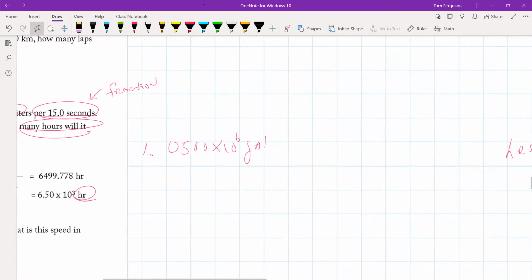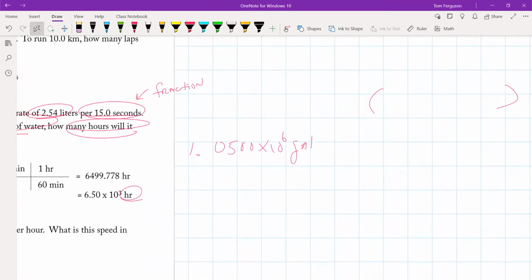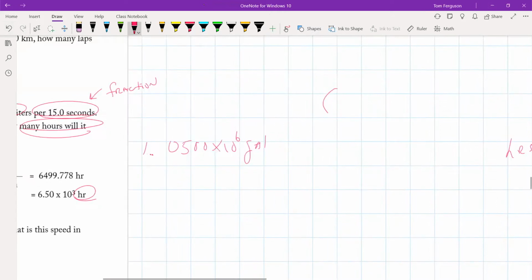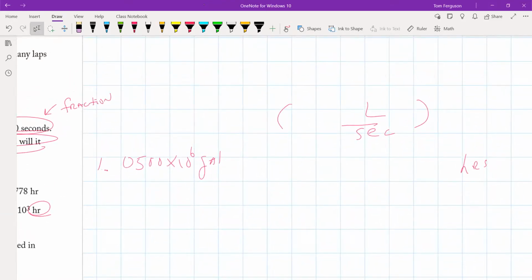So all they've given us is this kind of intermediate: liters and seconds. Now we can relate gallons to liters, and we can relate seconds to hours. So that's going to be our route to get from gallons to hours.